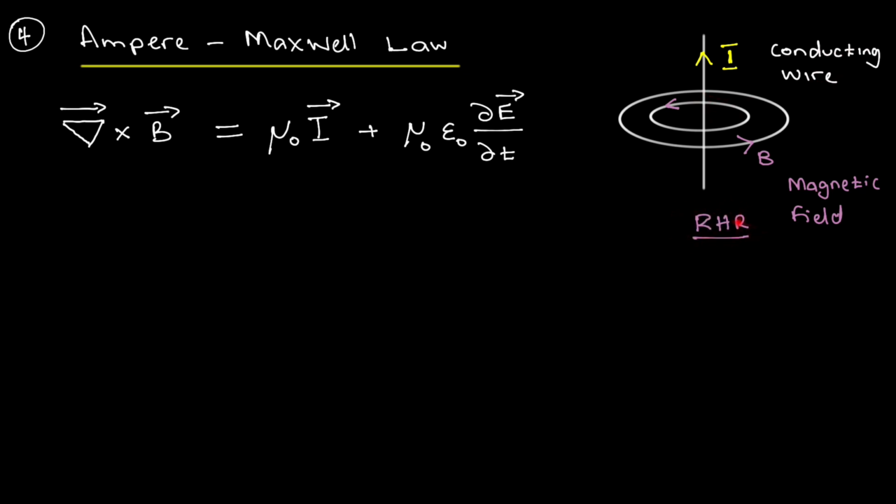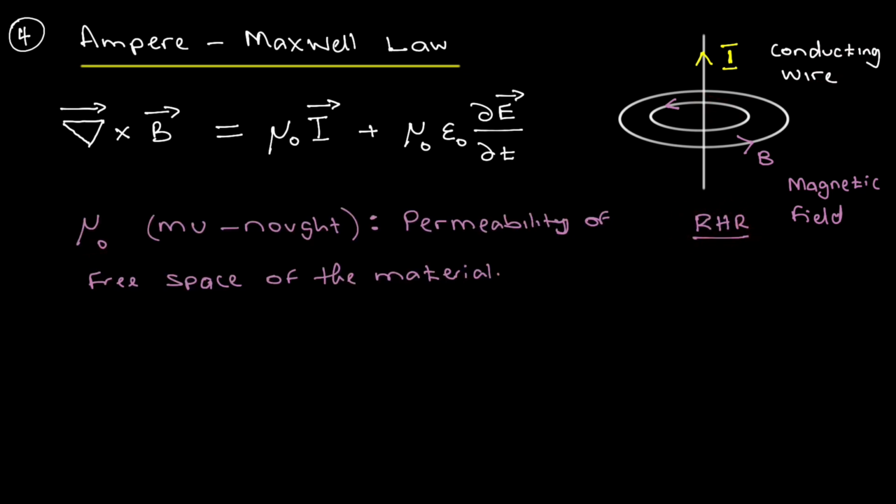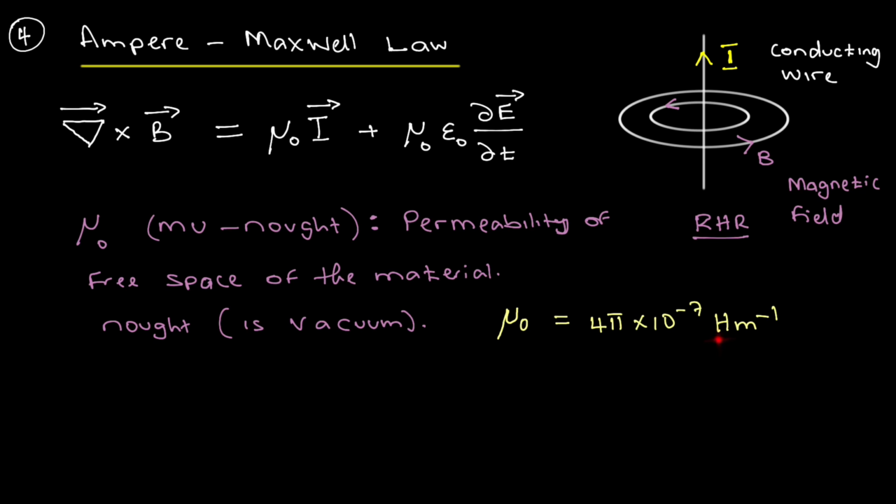Using the right hand rule, the mu-nought is called the permeability of free space of the material. Nought is referring to vacuum. Mu-nought has a value which is 4 pi times 10 to the power minus 7, and the unit is Henrys per meter. I is the current, which is measured in amperes or amps.